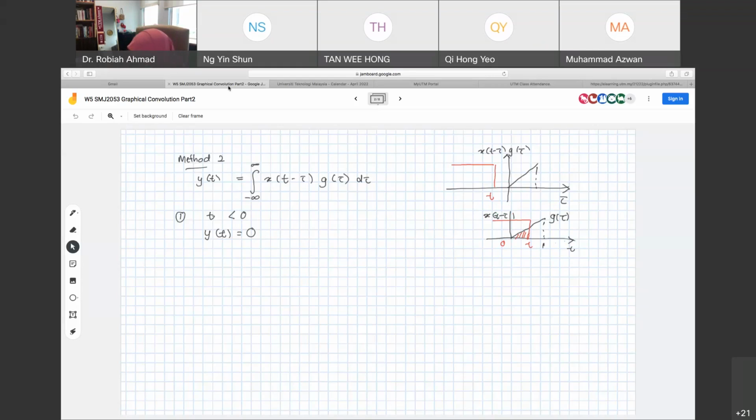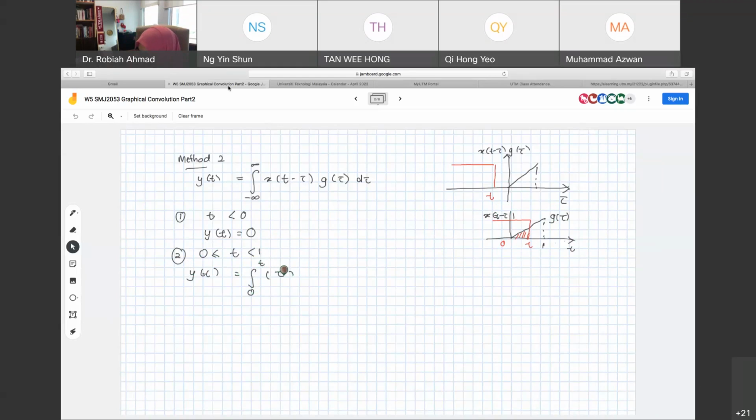Let us look at the conditions up to 1, same as the earlier condition. So t from 0 until 1, our y(t) will have the limit between 0 to t. Again the same signal, g(tau) is tau.